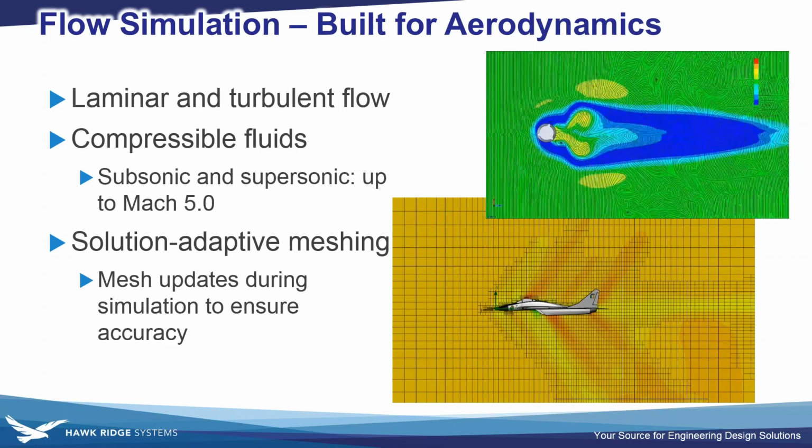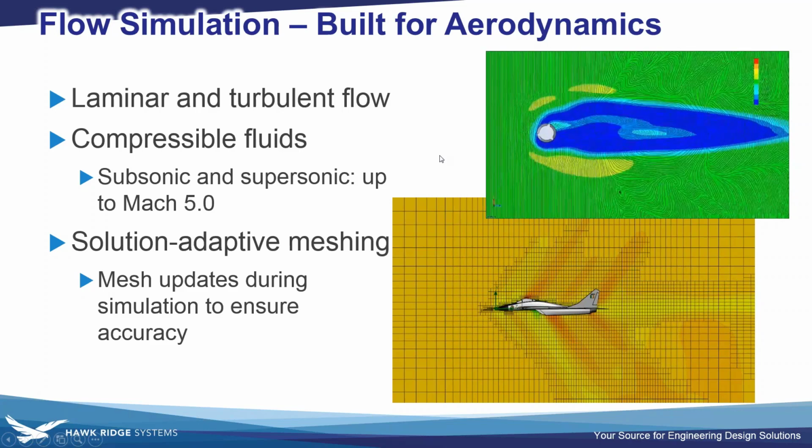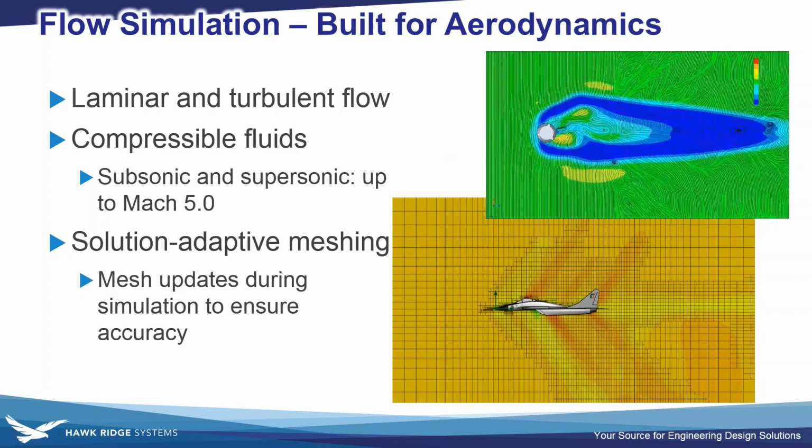This is one of the core functions of the Flow Simulation mesher and solver that has been there from the start, which allows the simulation to automatically refine the mesh during the calculation to better capture important aerodynamic effects that maybe you didn't expect. For example, if you look on the bottom right, that is a supersonic aerodynamics problem where we've got bow shocks coming off that fighter jet, off the aircraft.